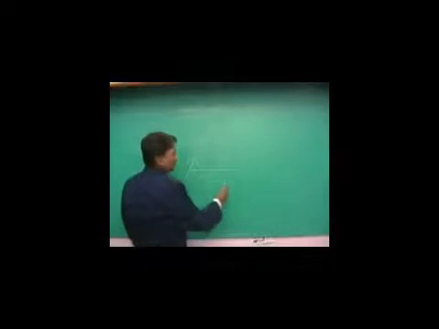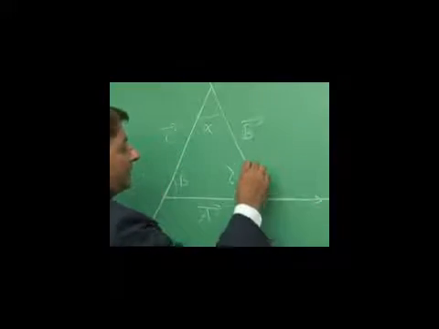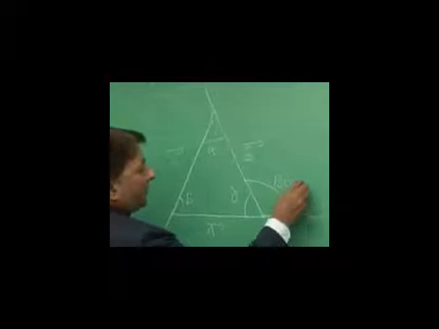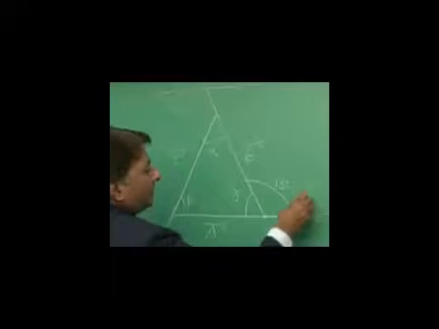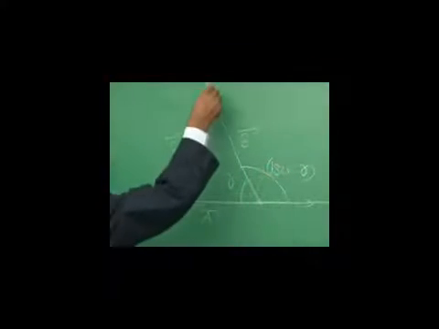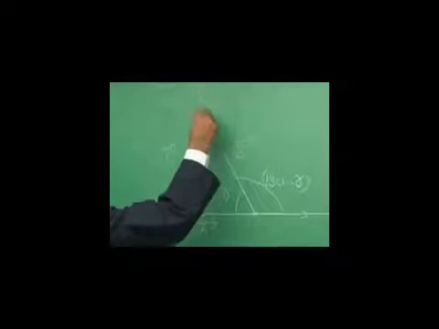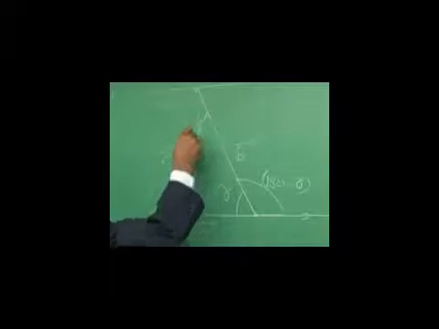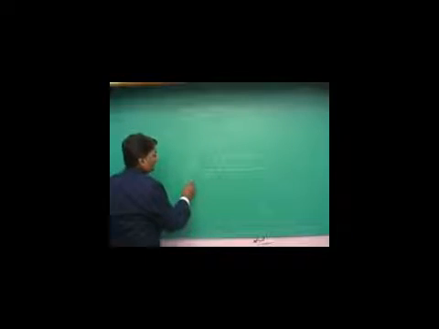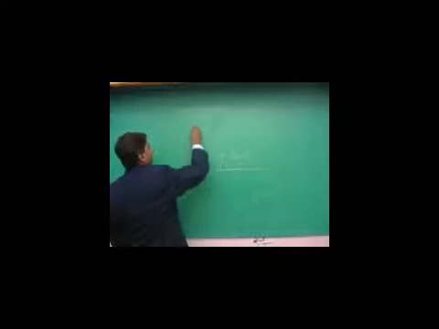Remember students, always take the positive angle. The positive angle between vector A and vector B is 180 minus gamma. In the same way, you take the positive angles 180 minus beta, and 180 minus alpha.